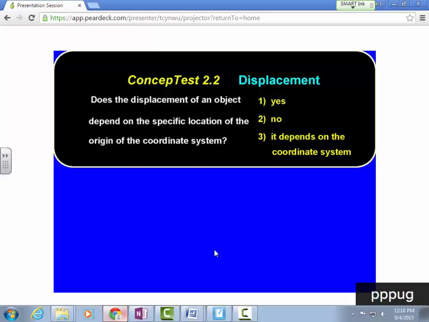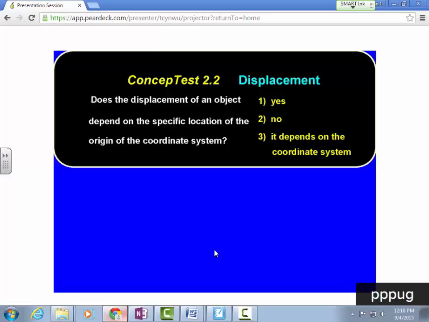What's the answer? Anyone want to volunteer? No. Because it doesn't matter where you start from, as long as you end up the same distance away. Yeah, but what this is asking is, does it depend on the location of the origin? In other words, if I put the origin at negative 50 meters, would the displacement that I go matter?